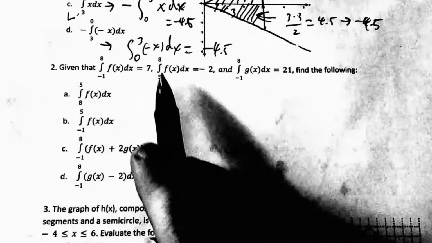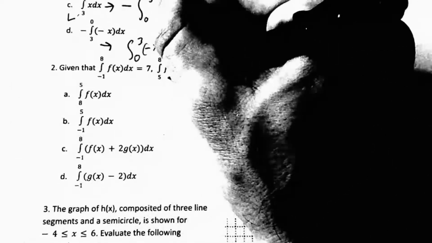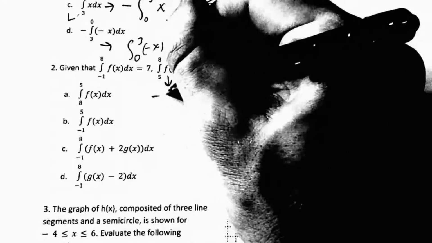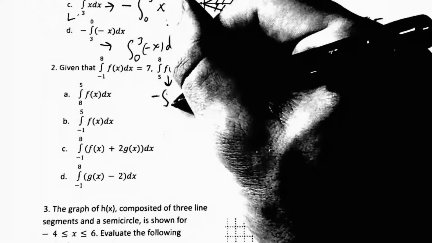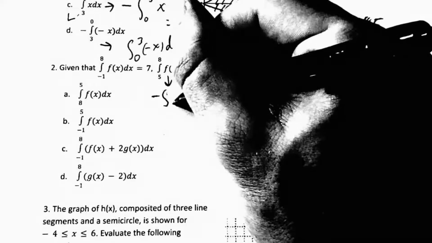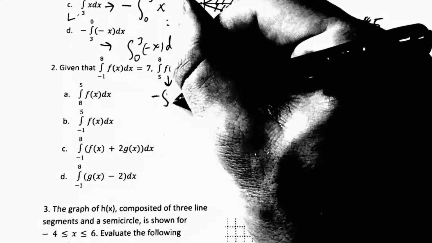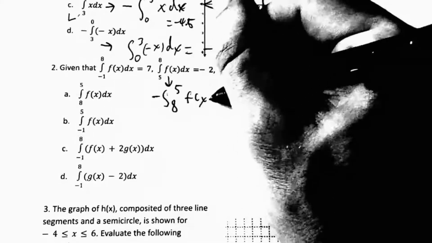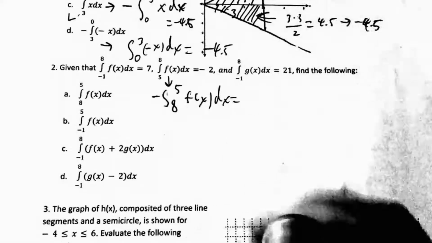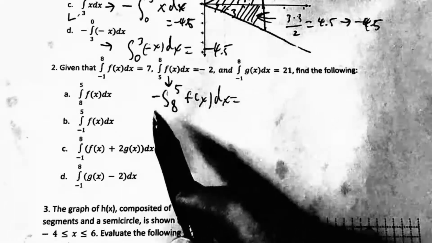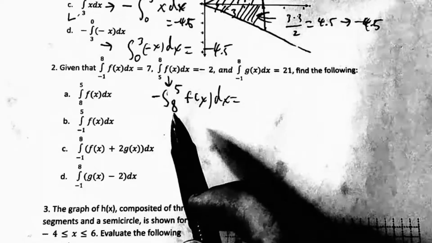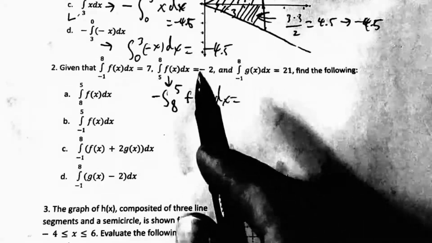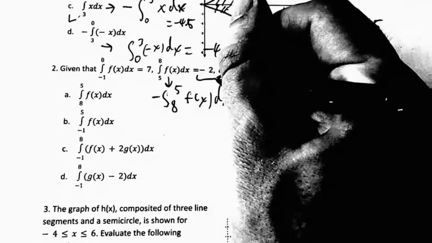So remember to convert, if I want to convert this, I can flip it to 8 to 5 as long as I make it negative. So now I can write this as negative the integral from 8 to 5 of f of x dx equals, so if I'm making this negative, the value needs to also become negative.